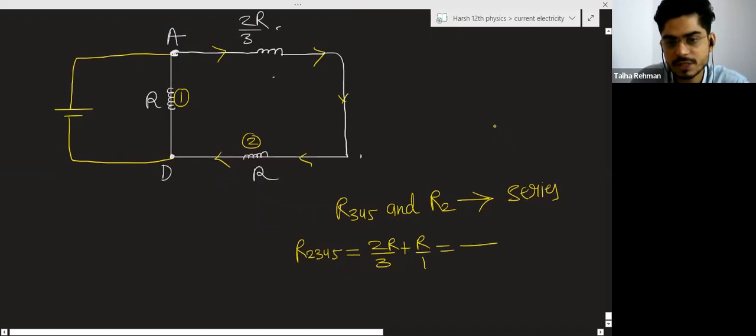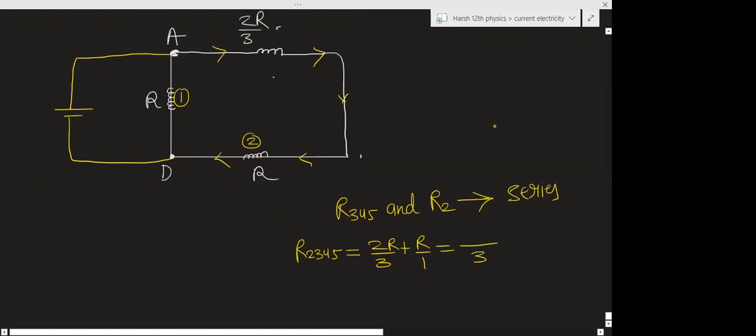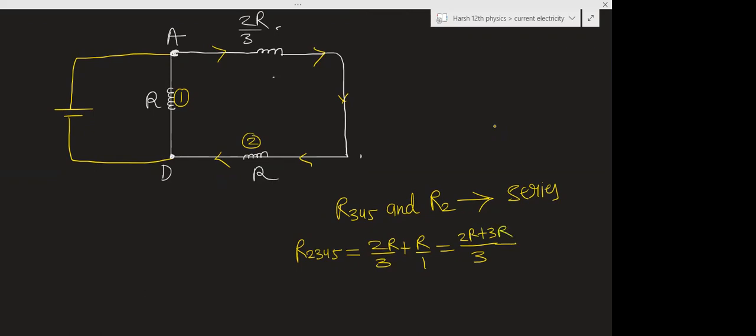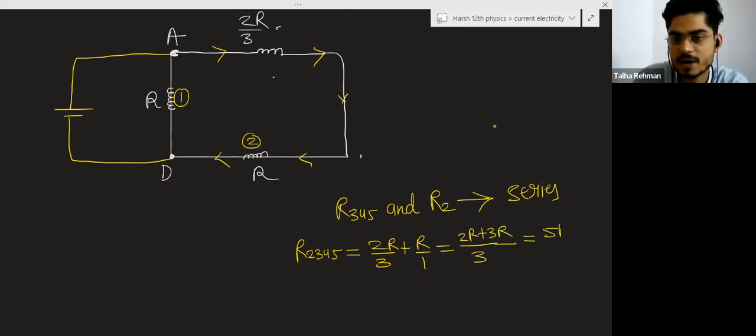What will the LCM of this? 3. This will become 2R plus 3R, which will become 5R divided by 3.